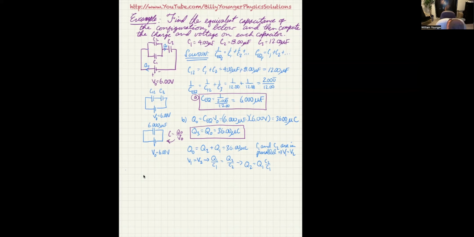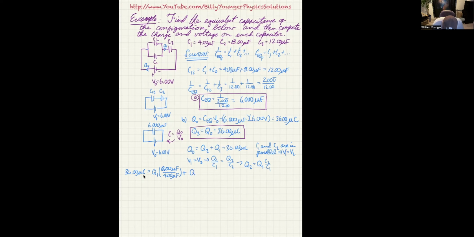So I can plug that into Q0 equals Q2 plus Q1 as follows. I can say 36.00 microcoulombs is equal to Q2 plus Q1, and Q2 is Q1 times C2, and we said C2 would be 8.00 microfarads, and we said C1 would be 4.00 microfarads, plus Q1.